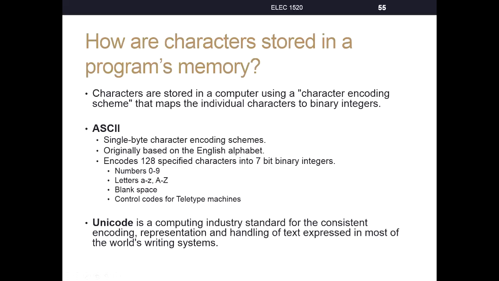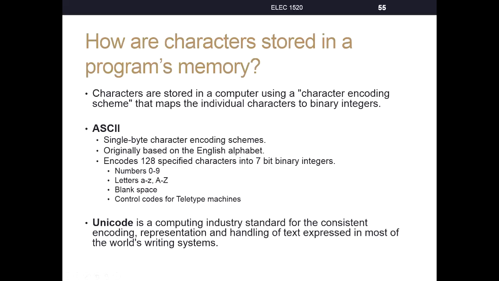They left the 8th bit, which later was used to extend ASCII. But originally, those first 128 values of ASCII, those 7 bits, can represent the numbers 0 through 9, the letters A through Z, small and uppercase, blank spaces, and several control codes. So we'll take a look at the ASCII table in just a second.